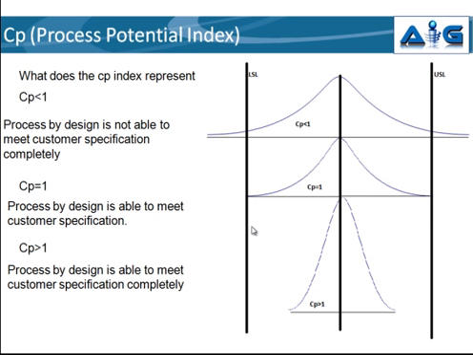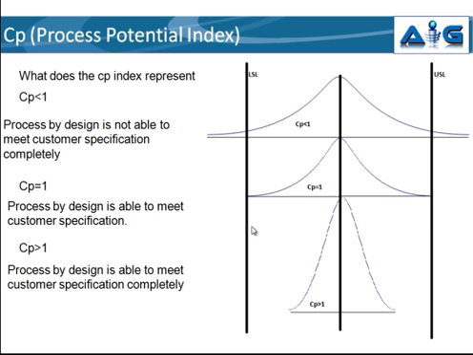Now let's talk about a different scenario when CP of your process is greater than 1. This can only happen when the normal variation of your process is way smaller than the allowable variation. You can see in process C, we worked on the process, we worked on variation, we reduced variation. Now the normal variation of my process is smaller than the allowable variation. In this case, your process is not creating any defect.